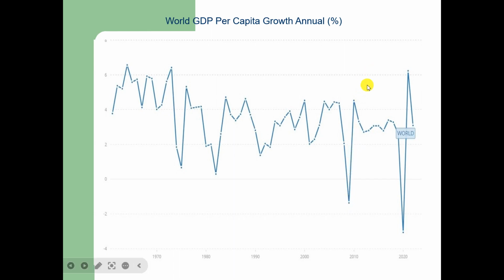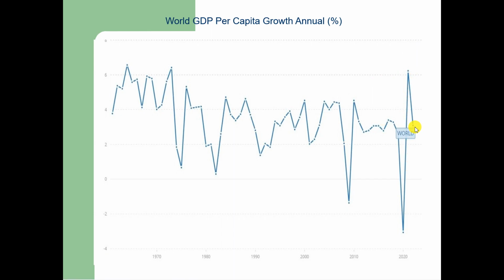Then there was a recovery and so on, but then again in 2019 and 2020 there was a sudden drop in the world per capita growth annual percentage rate, and then there was an increase up to more than 6%, and then again there is some drop in the world GDP per capita growth annual in the year 2023-24.